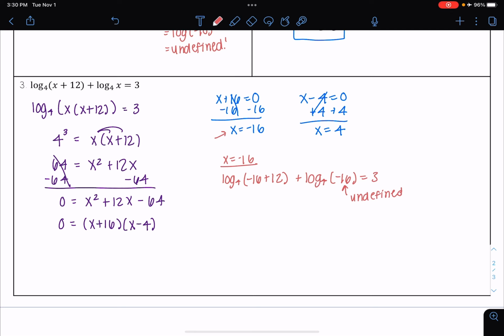So I know this solution is going to be extraneous. Now when I plug in x is equal to 4 in there, I get log base 4 of 4 plus 12 plus log base 4 of 4. And I see both of those are going to be positive, so I don't have any issues there. And so that means that my answer here is just going to be x is equal to 4.